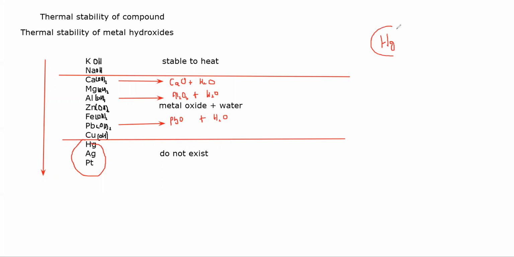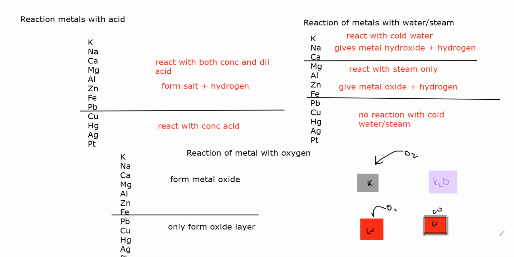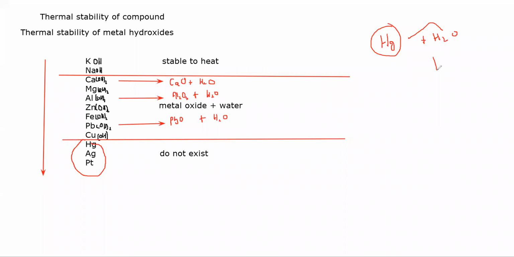So mercury, because it is less reactive, is not reacting. You can see here this part: no reaction with water or steam. So if they are less reactive, it does not react. That's why it cannot form the hydroxide, because there is no reaction.